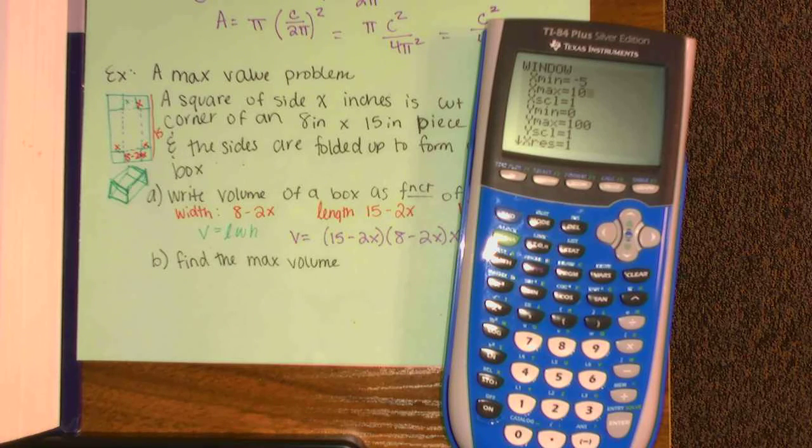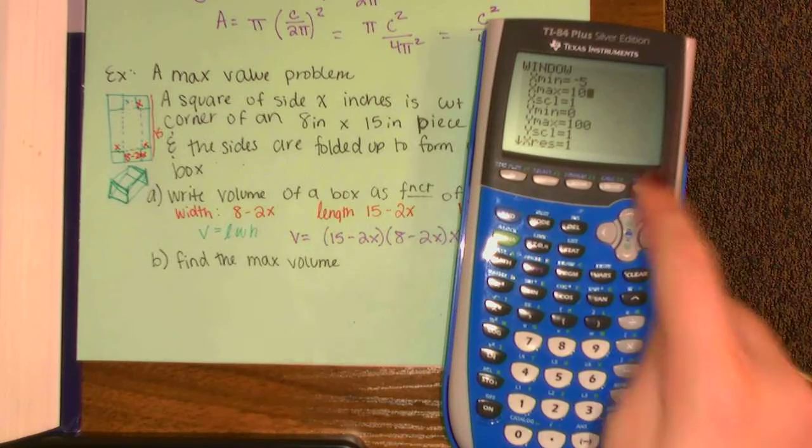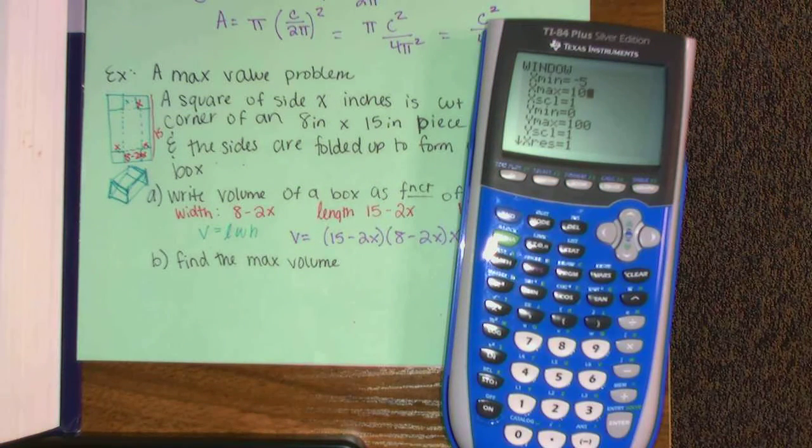No, don't hit zoom 0. That erases everything you just did. Then go back and do this. If you have this screen still when you're done, hit graph. Then you're going to have to change it to say that. When you hit window, you have to type in that stuff. You have to change your window.